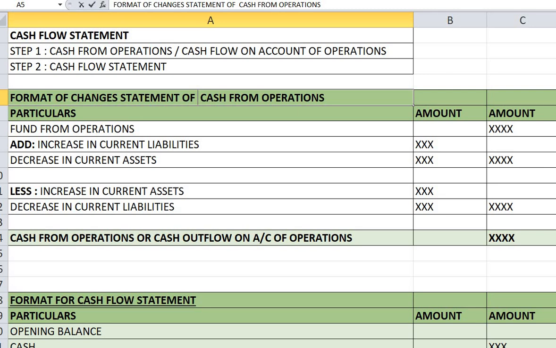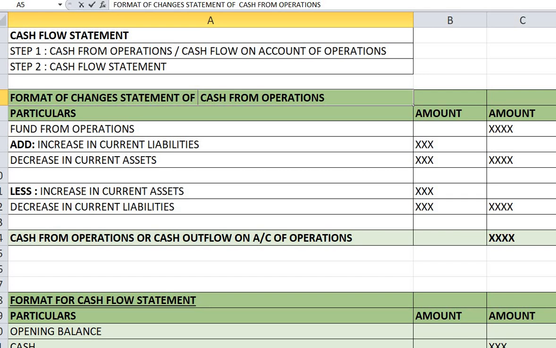As we know, there is one particular format in which you will find cash from operations. As in the case of fund flow statement, this is very easy. The first step of preparation of cash from operation is that you should find what fund from operation is, which we had already discussed in the previous videos and classes.